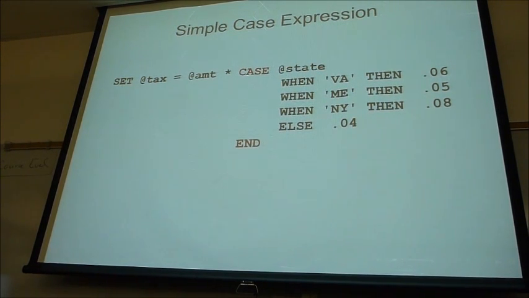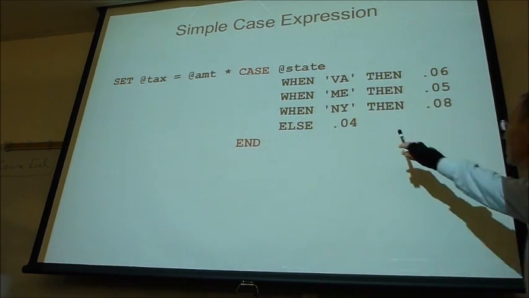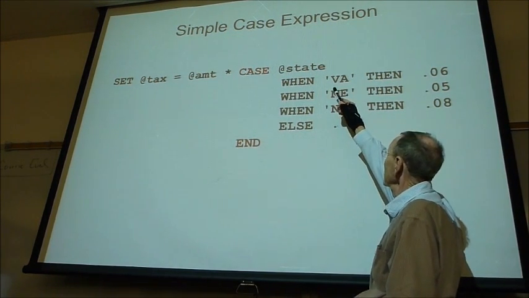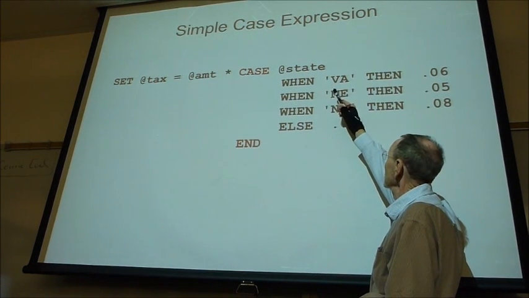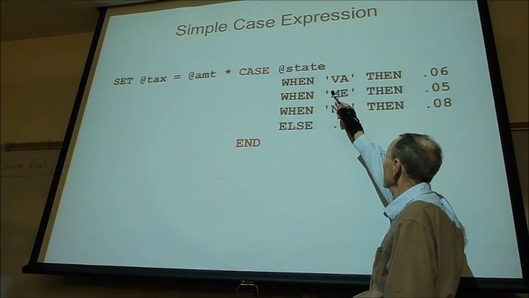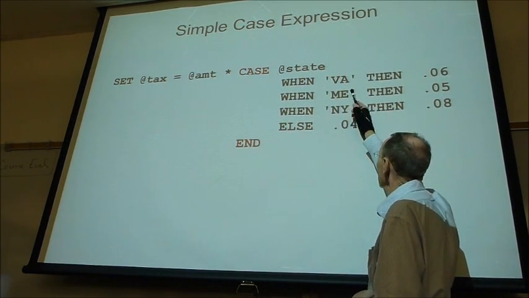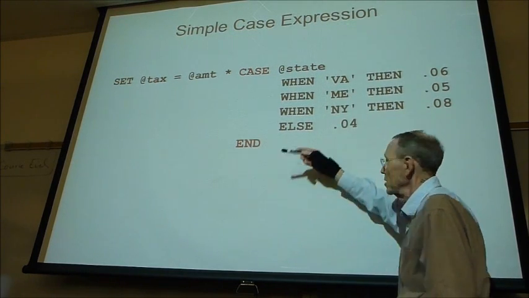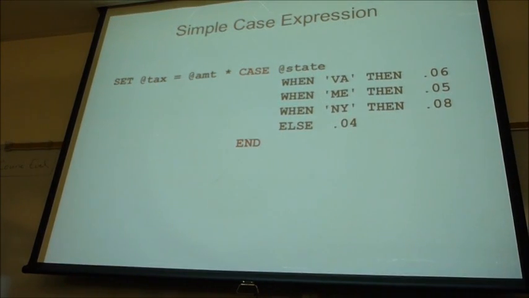But still in here, in state, it's either gonna be 6, 5, 8, or 4. Well, state is gonna be, what's in the location for state is gonna be VA, ME, or something else. The reason at state is up there is to tell it to look at the value of state, and then determine the rate.